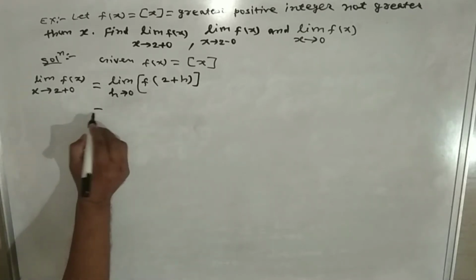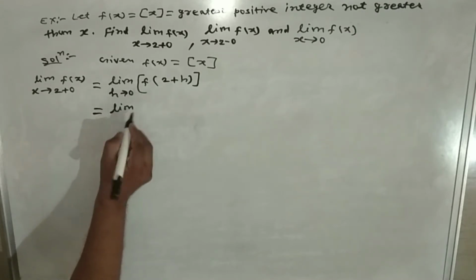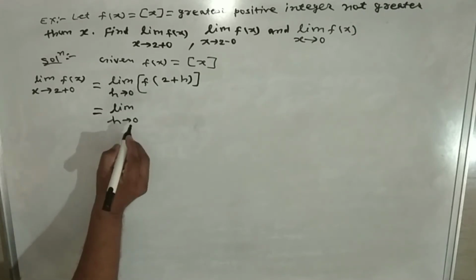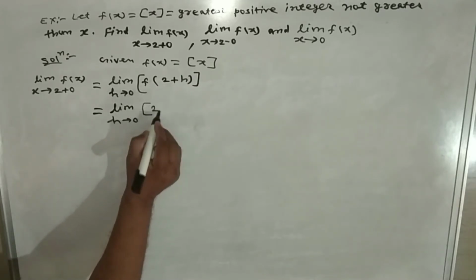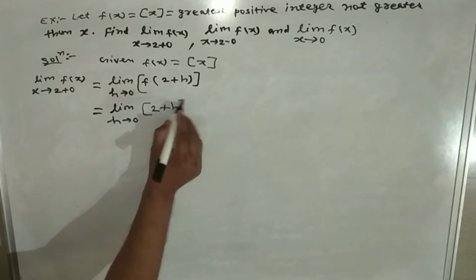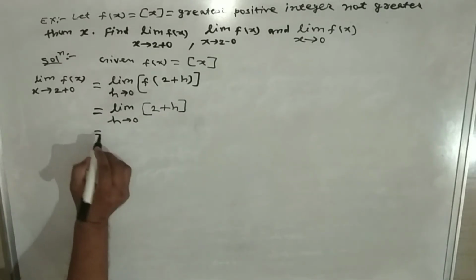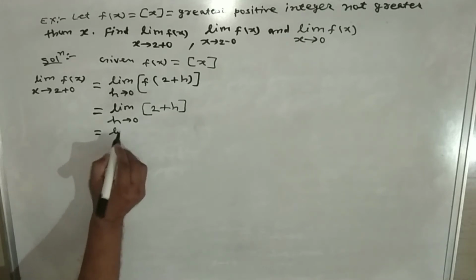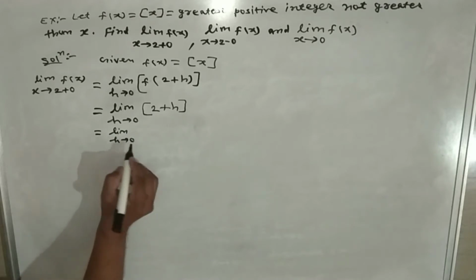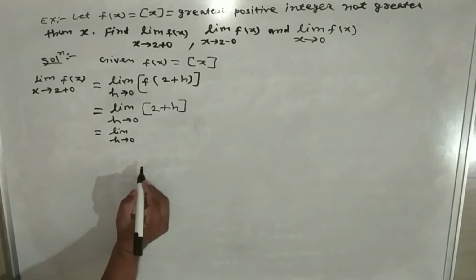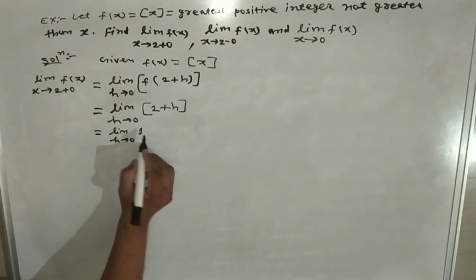Again, this is equal to the limit as h tends to 0 of the function f of 2 plus h, which is equal to the limit as h tends to 0 of the greatest integer, which is 1 here.